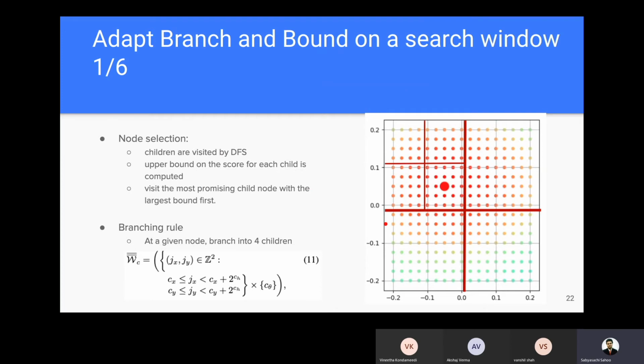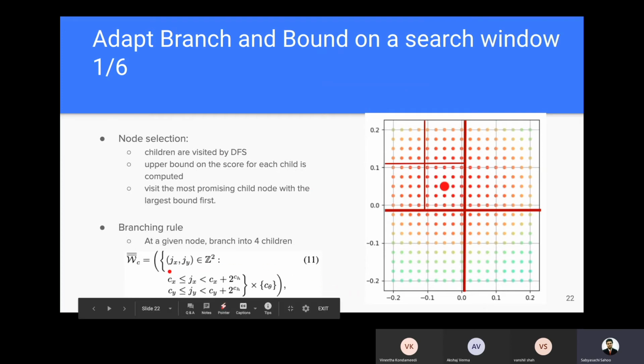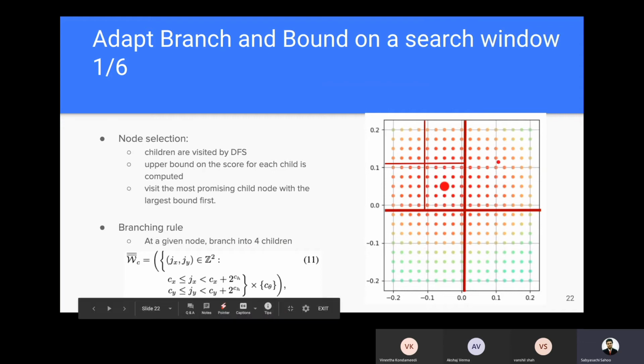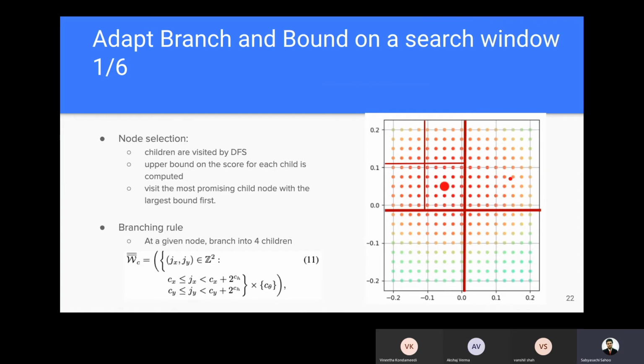so essentially, like we said, the branching rule is that each partition is divided into 4 parts. Let's say at height 1, the node will be this, and this, and at height 2, the nodes will be at this. You can consider the center, or you can consider the left bottom part of the node representing that partition.